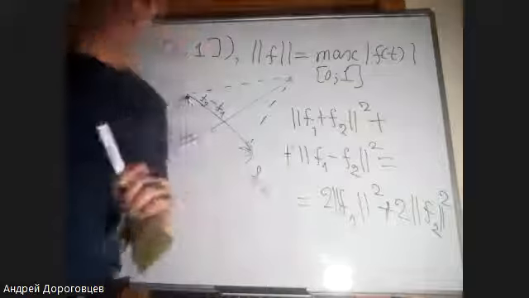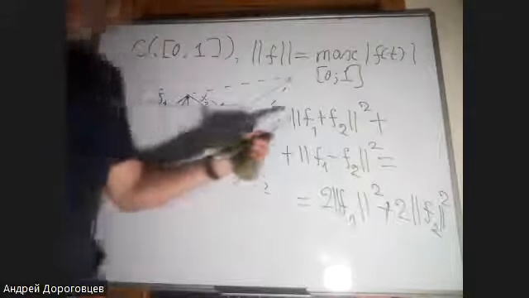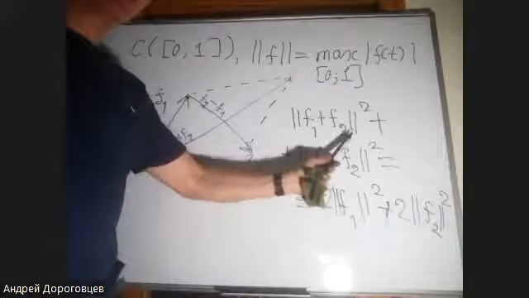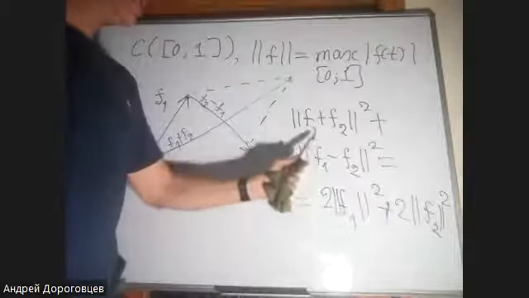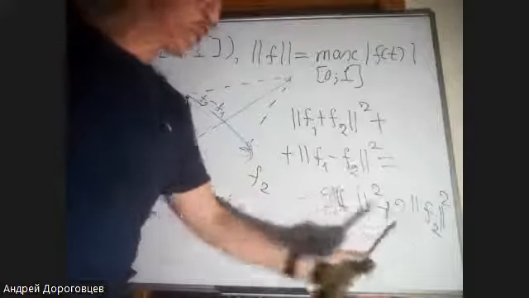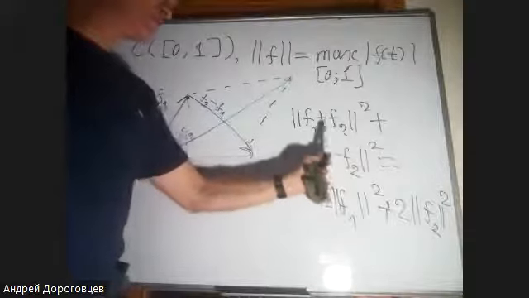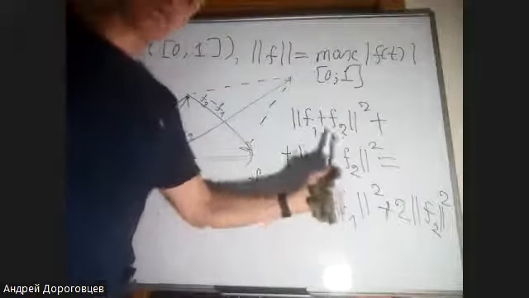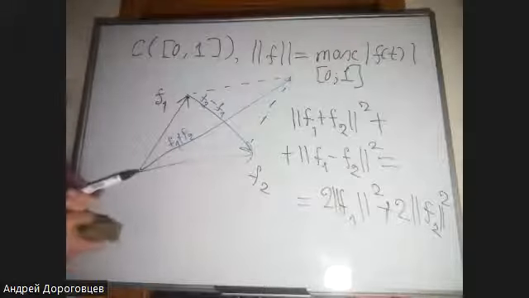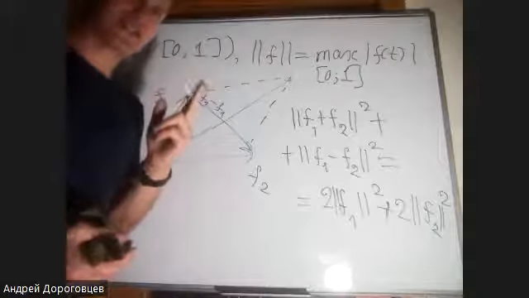This is true only in a Hilbert space. It can be easily checked when we apply the scalar product, and here we just have norm f1 squared, 2 norm f2 squared, and here we have plus 2(f1, f2) minus 2(f1, f2), which is 0. So we have this equality, and please do two exercises.